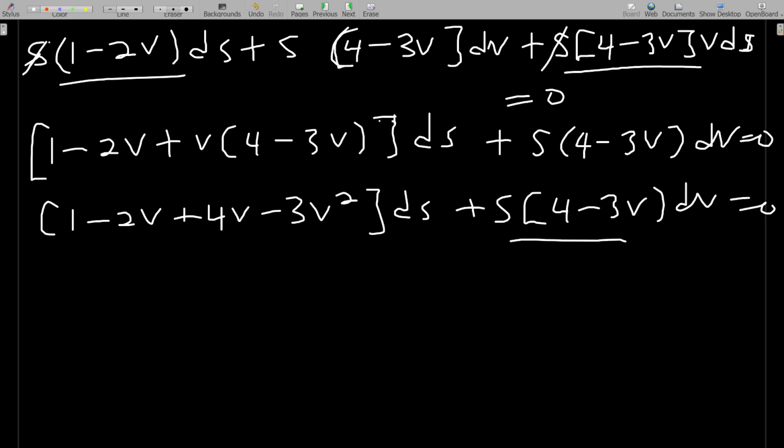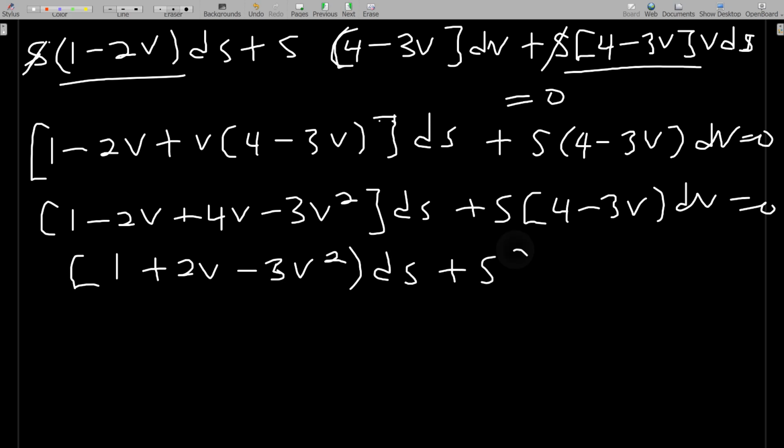The reason why I'm not multiplying this is I want to maintain the variables like that, because you have s multiplying some expression of v. Okay, so this whole side will be simplified to 1 plus 2v minus 3v squared, then plus s into 4 minus 3v dv equals 0.